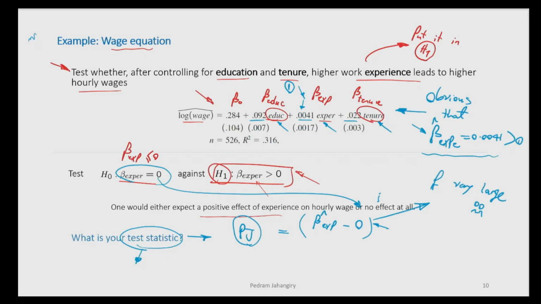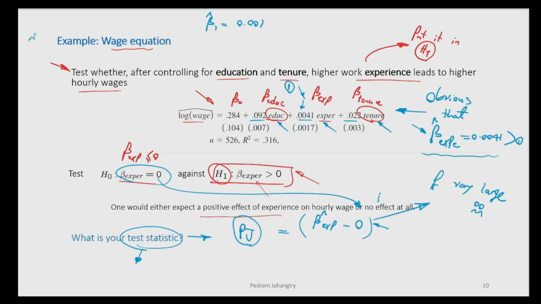But is it good enough? For example, let's say my beta hat 1 is equal to 0.001. You might think that, okay, this is a very small number. So how do I know that in the entire population, beta 1 is positive or not? This is not enough. I need to give you more information.